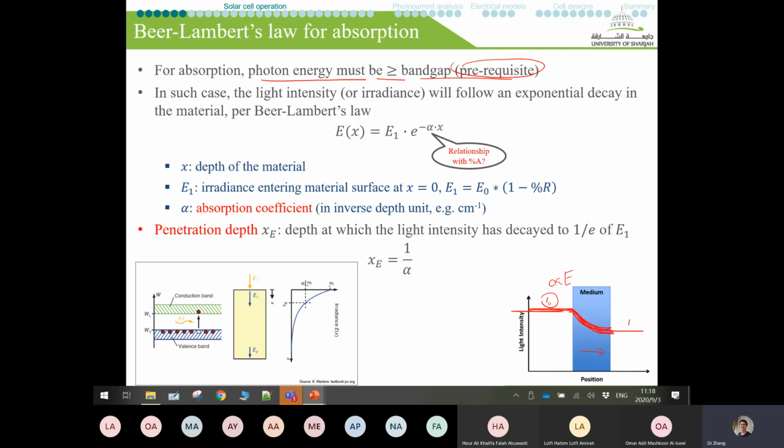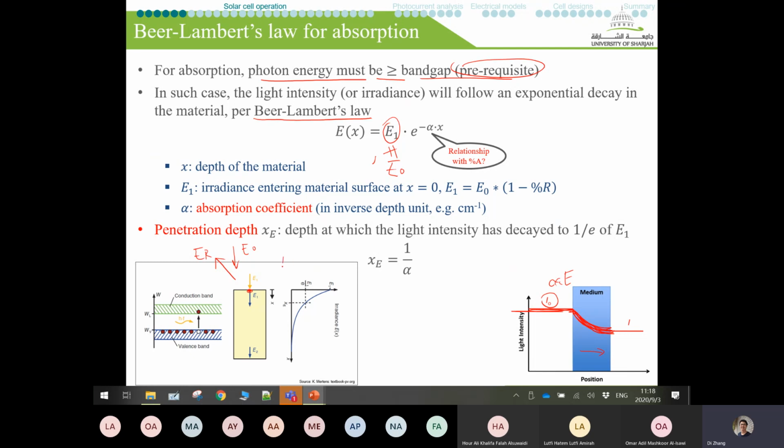This is based on the so-called Beer-Lambert's law. It says that the irradiance on the front surface of the material, which we call E1, is not exactly the E0 that we mentioned, because part of the incident irradiance E0 will be reflected.